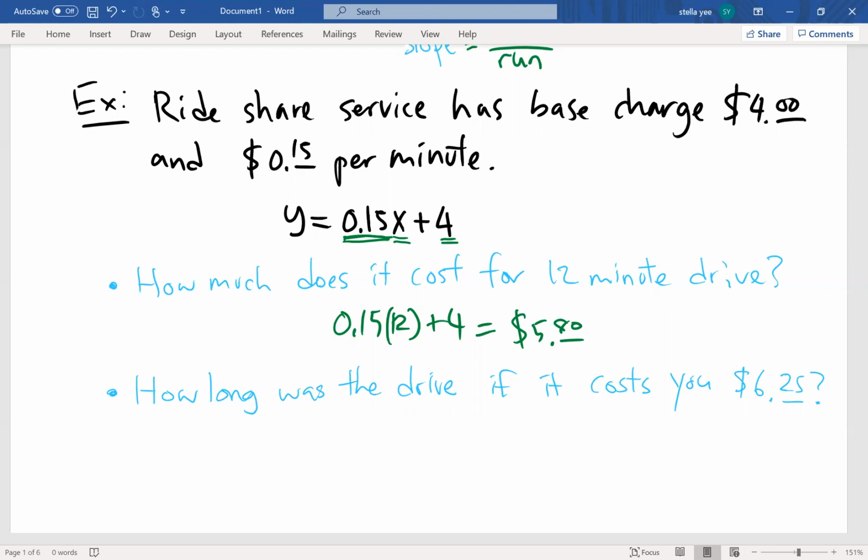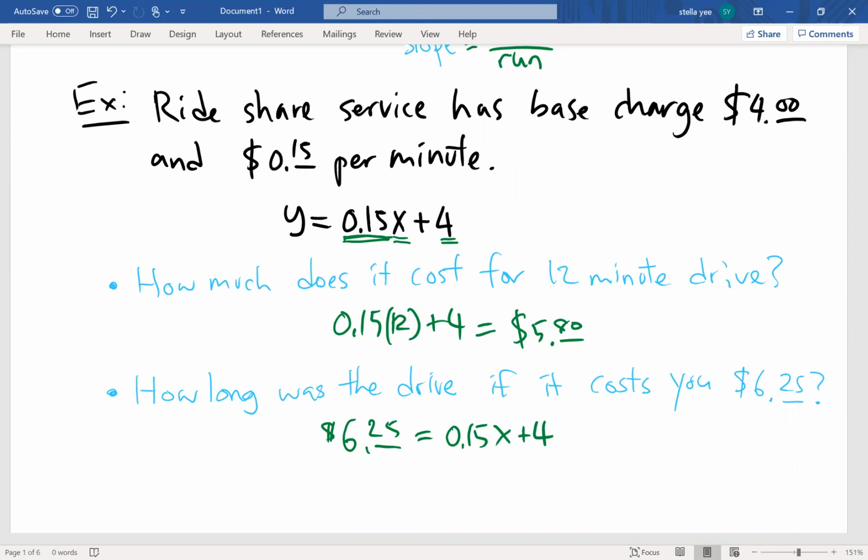Instead, if we have how much money you spent, say $6.25, and we want to know how long the drive was, we could solve for how long the drive was by trying to solve for x.